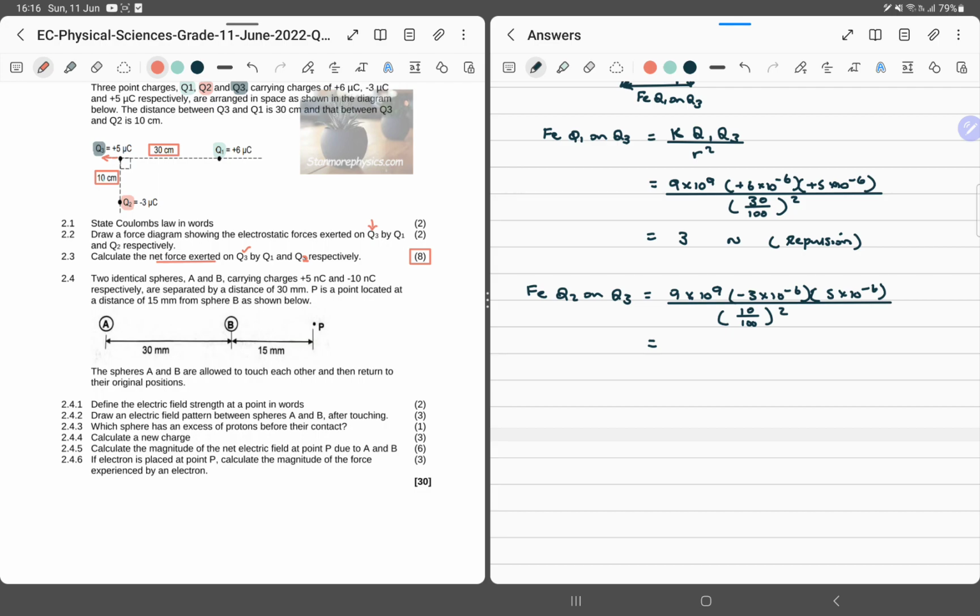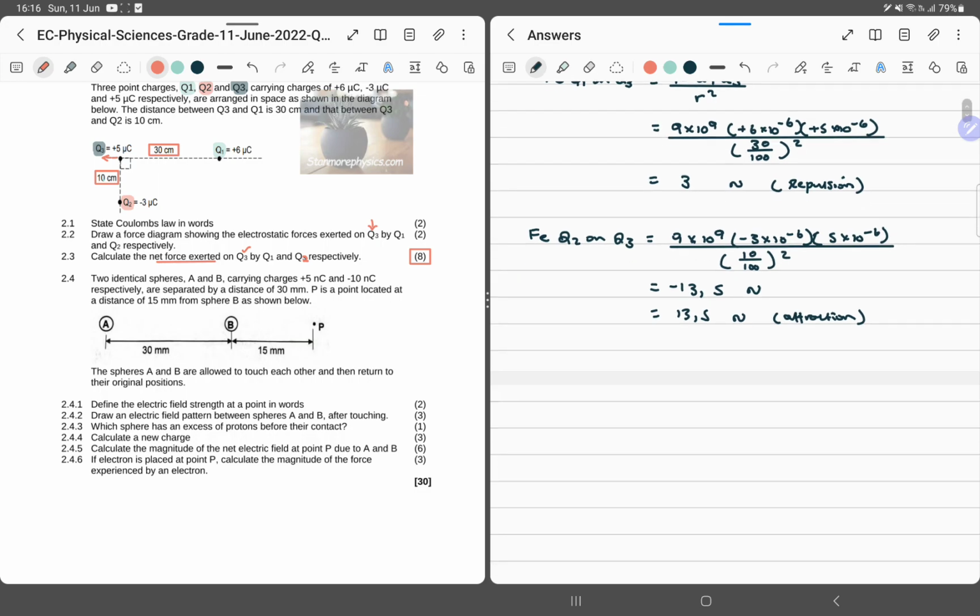Just change that to a 10. Alright, so what do we get here? I'm getting a minus 13,5 newtons, which is basically just 13,5 newtons. This is now attraction. When it is negative, it means attraction.